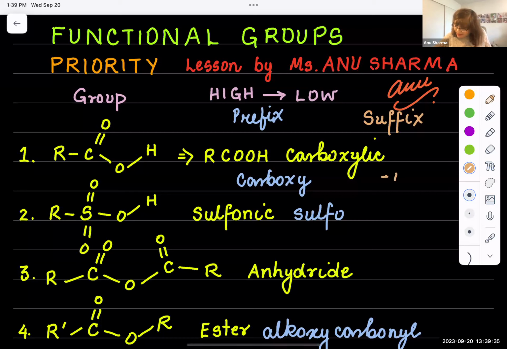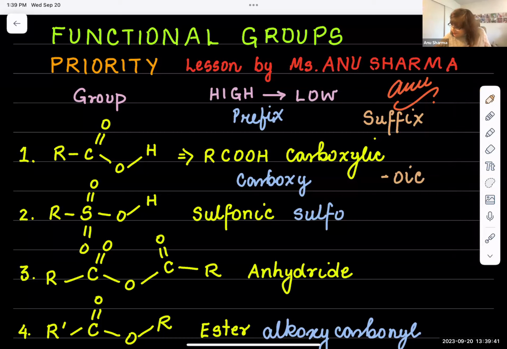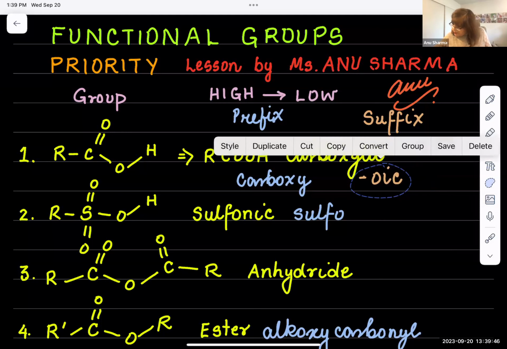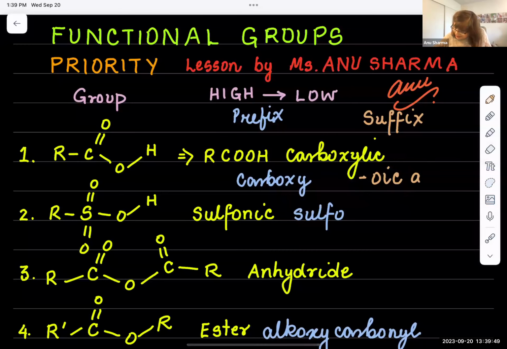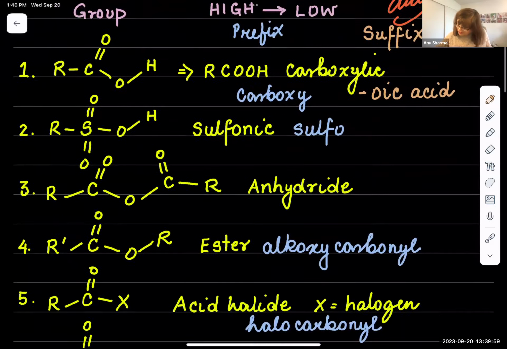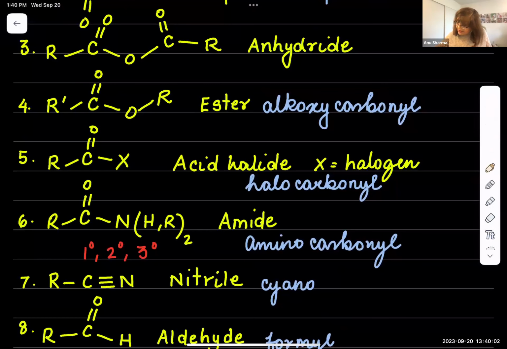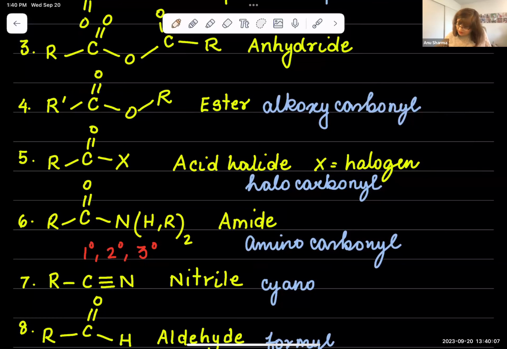For the carboxylic acid, it ends in oic acid, like benzoic acid. Then sulfonic acid, right? Anhydride will be anhydride. Ester ends in oate, like benzoate.